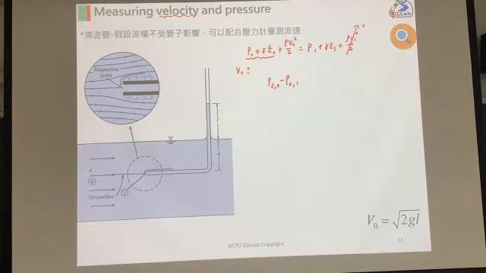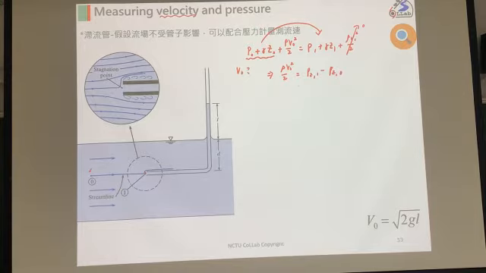Oh sorry, because our question is focused on V0, I keep V0 here. So one half rho V0 squared is equal to the piezometric pressure PZ1 minus PZ0, moving it to the right.